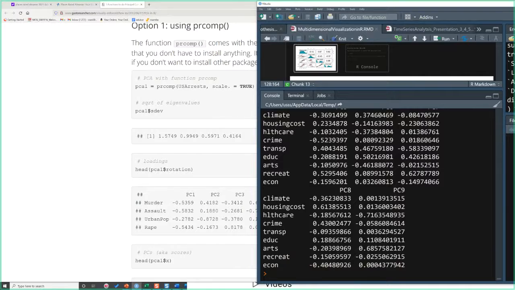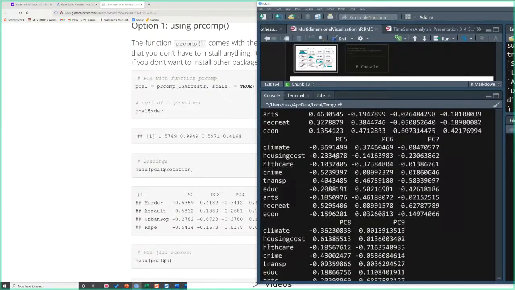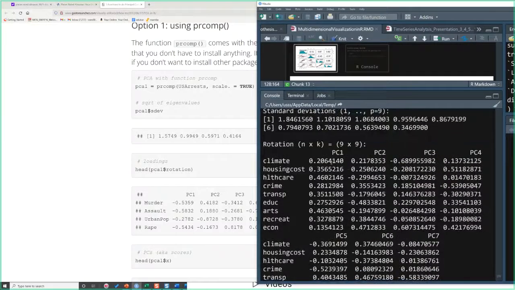But here there is no unit of measurement that needs to be removed. Remember that, because it's just a score. People are giving some numbers on some standard scale. We don't need to standardize, but we'll put standardization equal to TRUE. Okay, that's what it is.